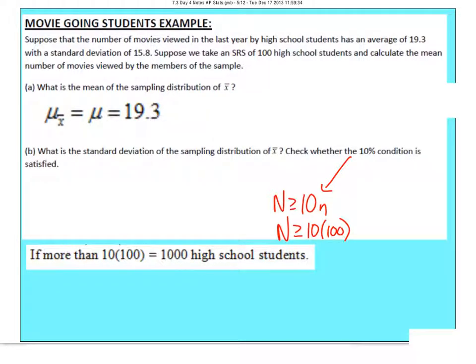So we would just state if there's more than 1,000, we're fine. Therefore, let's go ahead and calculate the standard deviation of the means. That would be sigma of x bar. The formula for this is sigma over the square root of n, our sample size. So if we just pop that in there and we simplify, we now have that the standard deviation of our means is 1.58.